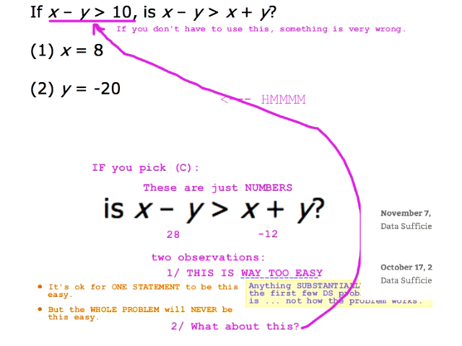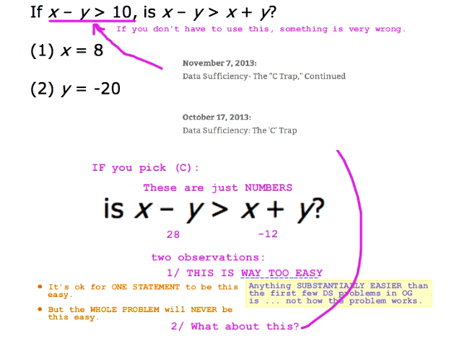These are from the archived sessions. C-trap, what we call it when choice C is way too easy and ignores stuff. If choice C does both of these things, do not pick it ever. Don't do it. Okay.